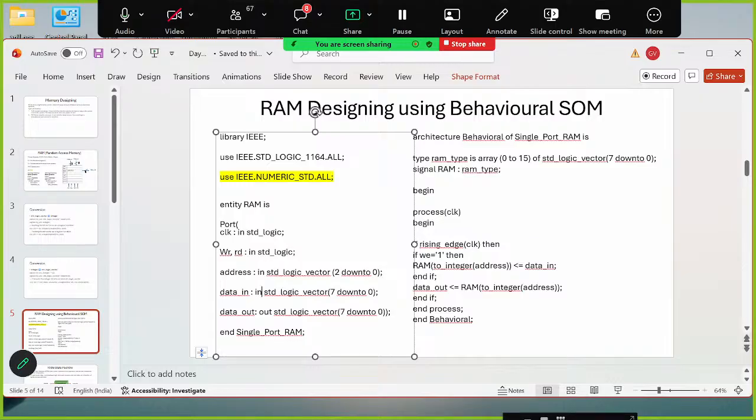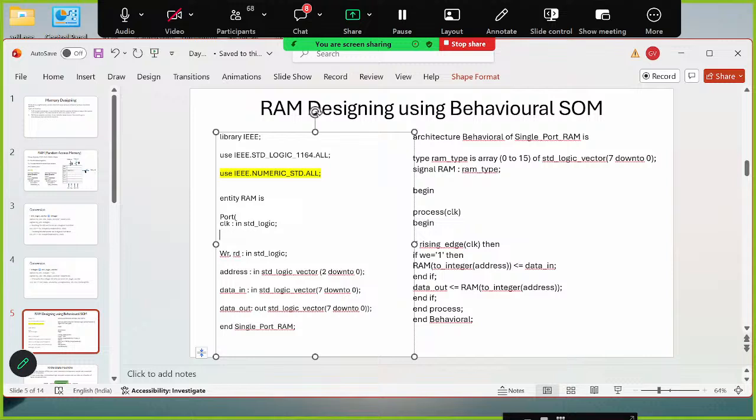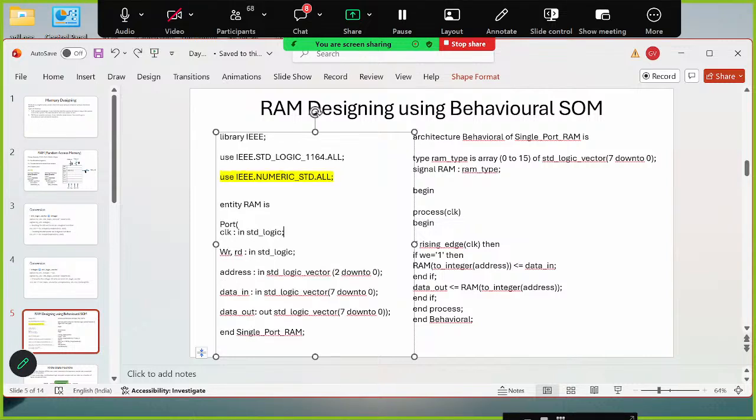Similarly, data in of type std_logic, and data out of type std_logic_vector 7 down to 0. There is one clock signal, and you can also create one reset signal similar to clock. Let's write it over here itself, RST.